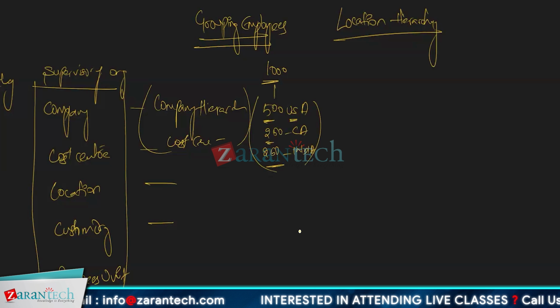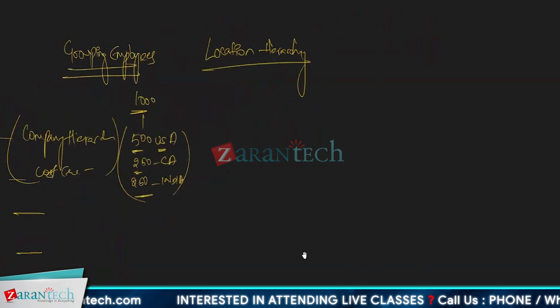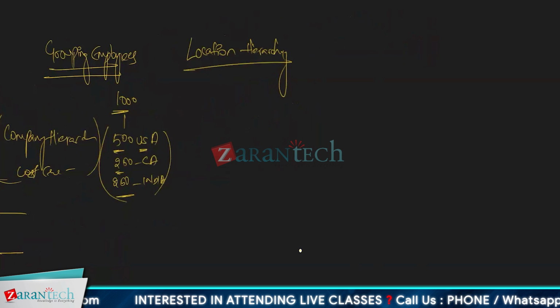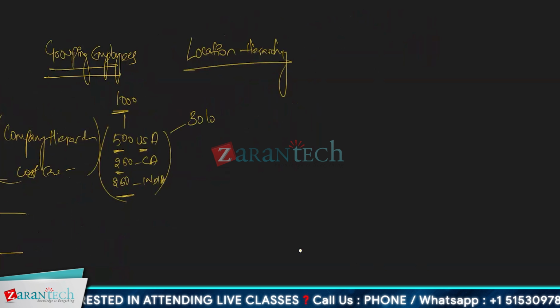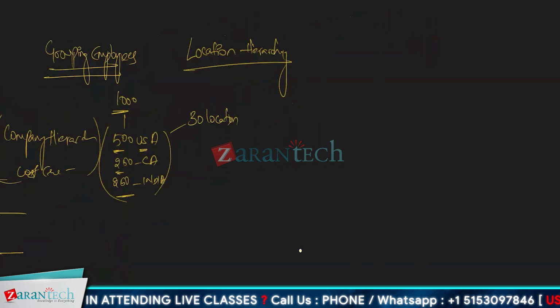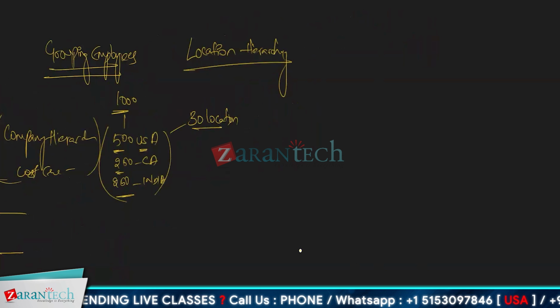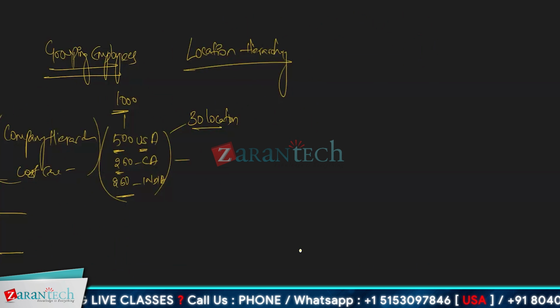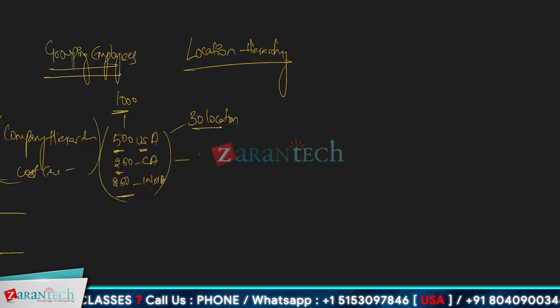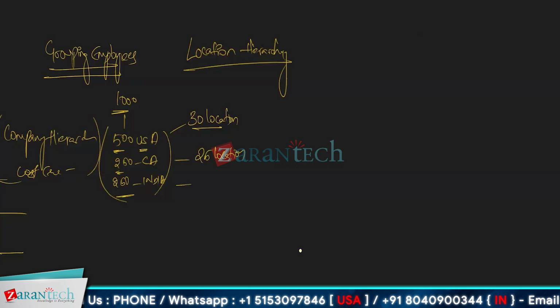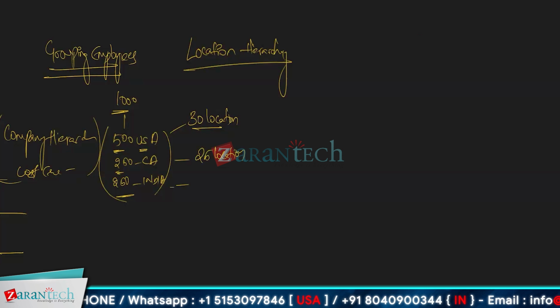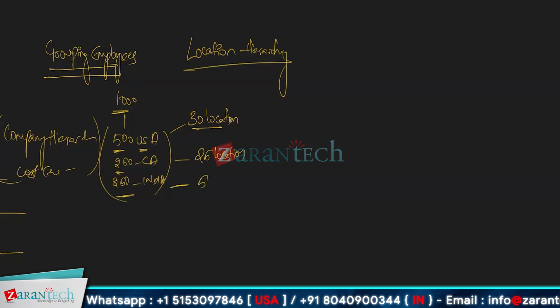Let's say in this particular company, there are about 30 locations in the USA where this company has offices. In Canada, let's suppose this company has offices in 25 locations, and in India, it has offices in 50 locations.